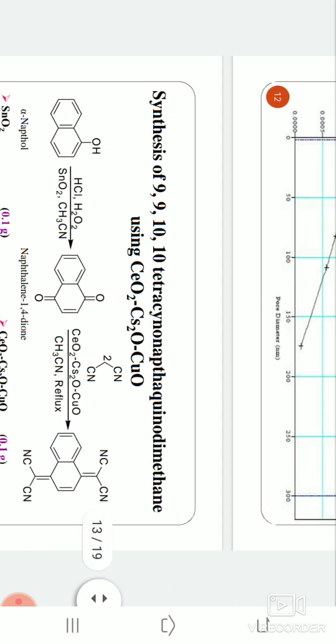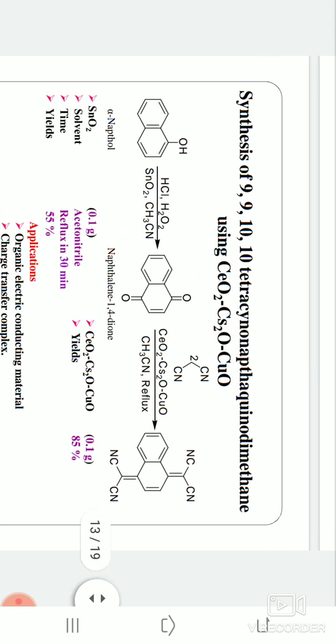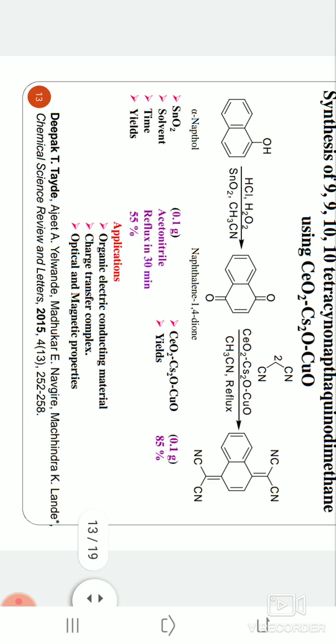After characterizing our synthesized catalytic material, we apply this material for the synthesis of 9,9,10,10-tetracyanonaphthoquinodimethane. Here in this synthesis we take alpha naphthol.